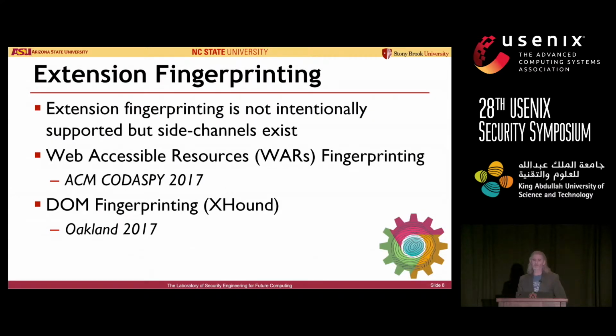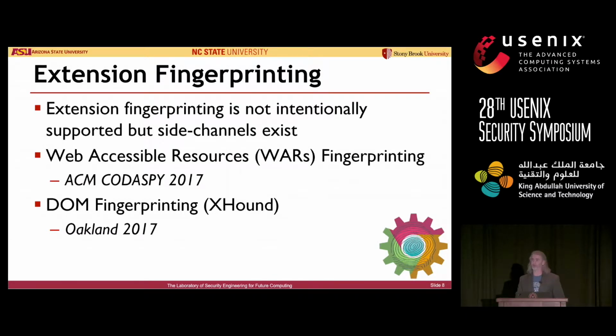Now, extension fingerprinting is not actually something intentionally offered by browsers. It's supported through side channel attacks. For example, at CodeSpy in 2017, there was a paper presenting the use of web accessible resources to fingerprint various extensions.